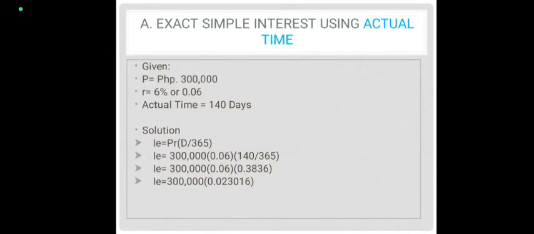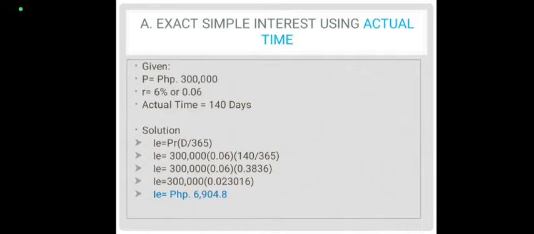So next we need to multiply the 300,000 and the 0.023016. So now we have our exact simple interest using actual time. So this one is our answer.